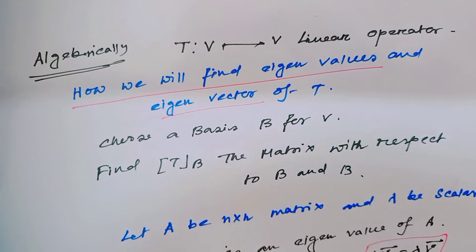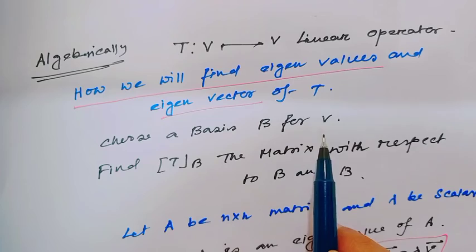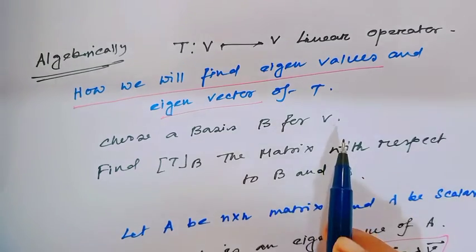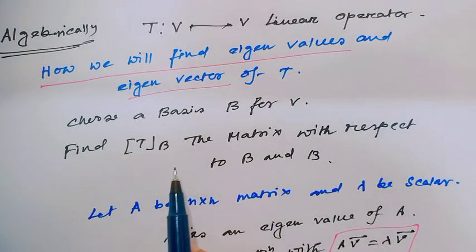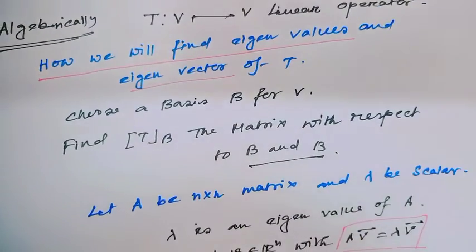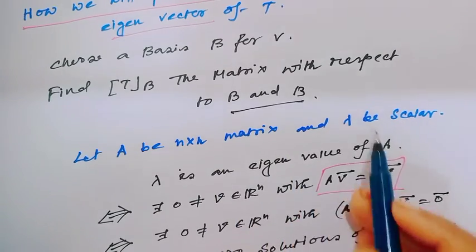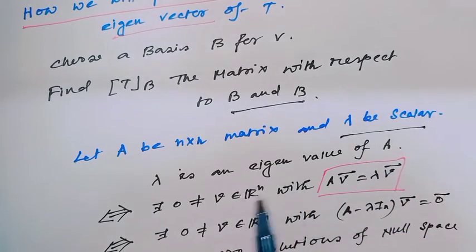We will use matrix representation. For this, choose a basis B for the vector space V. Then find the matrix representation with respect to the basis. Consider AB an n cross n matrix and lambda a scalar.